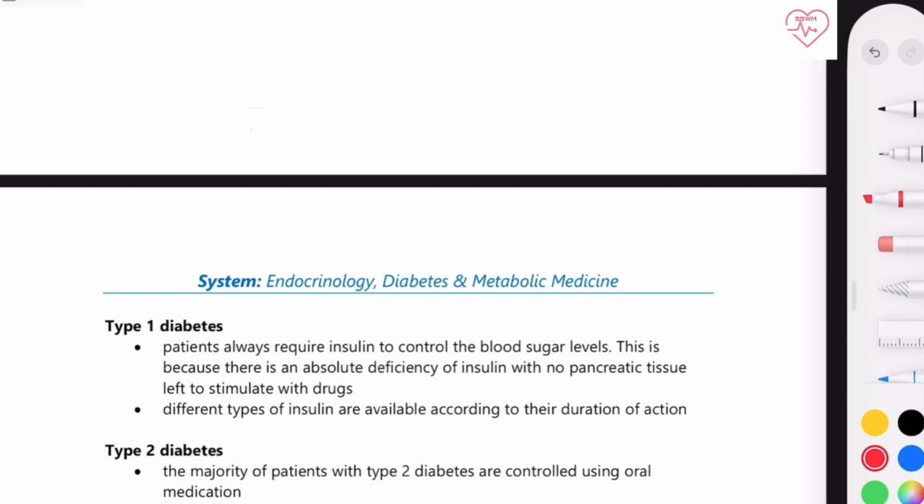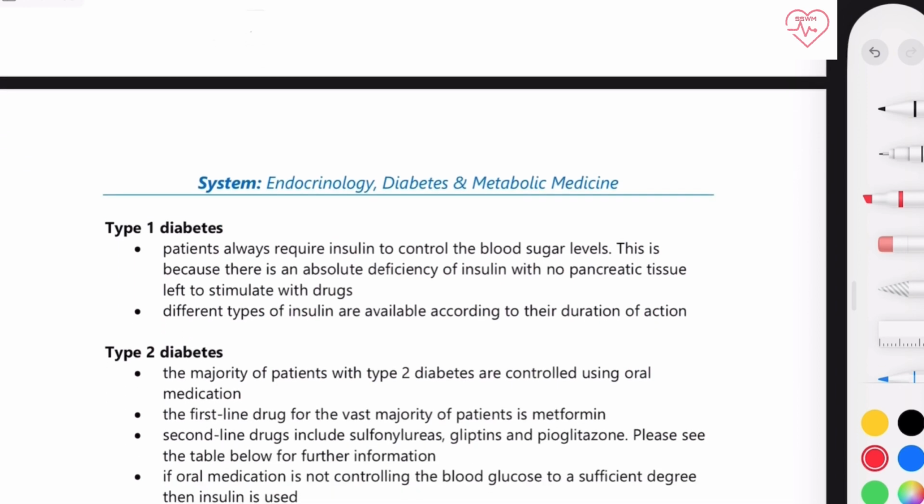Okay, now a patient who comes with type 1 diabetes always requires insulin to control the blood sugar level. This is because there is an absolute deficiency of insulin, with no pancreatic tissue left to stimulate with drugs. So what happens in type 1 diabetes mellitus?